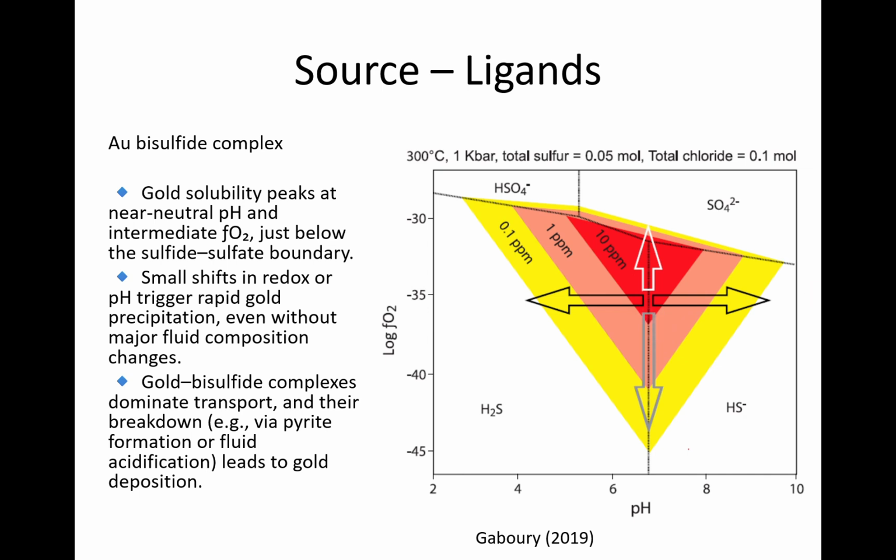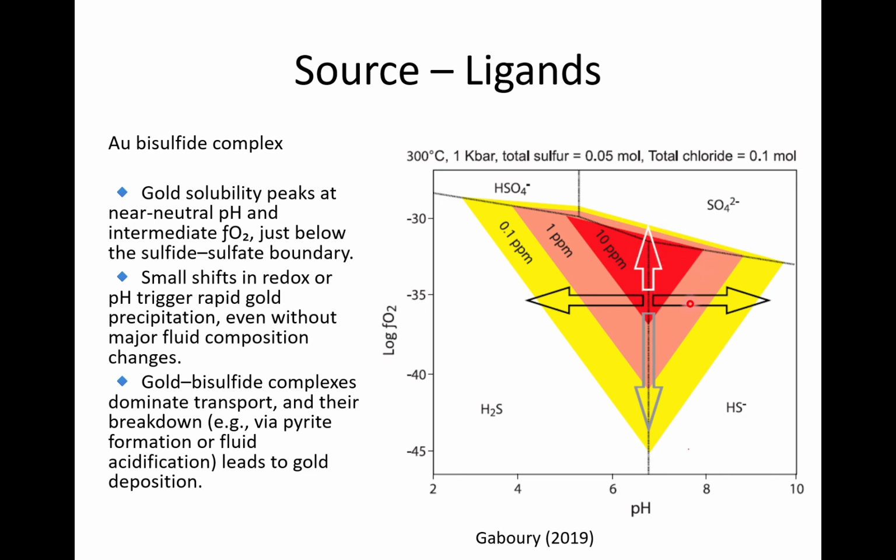So what we have here is that gold solubility is maximized at near-neutral pH, around 7, and also at an intermediate redox state just below the sulfate fence, where pyrite is stable but sulfate has not yet formed.